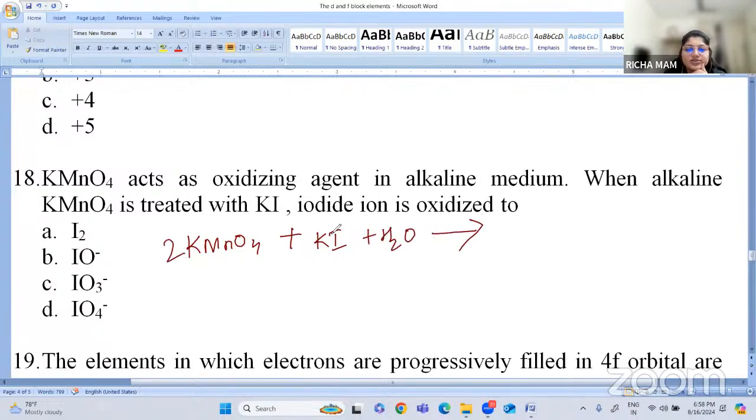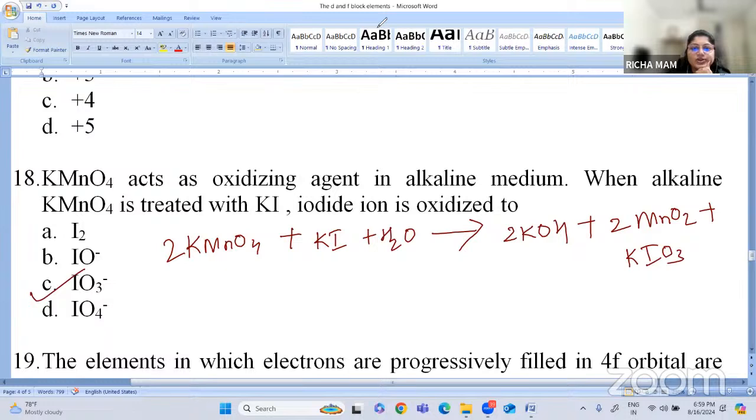It will be 2KOH plus 2MnO2 plus KIO3, so it is IO3 minus. So option number C. Yes, Srivaruni has answered. Fine. Yes, option number C is the answer.